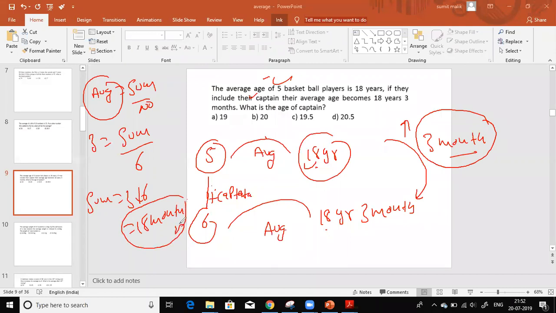If I convert months into years, it becomes 1.5 year. If 12 months is equal to 1 year, 1 month is equal to 1 by 12 year, so 18 months is 1.5 year.